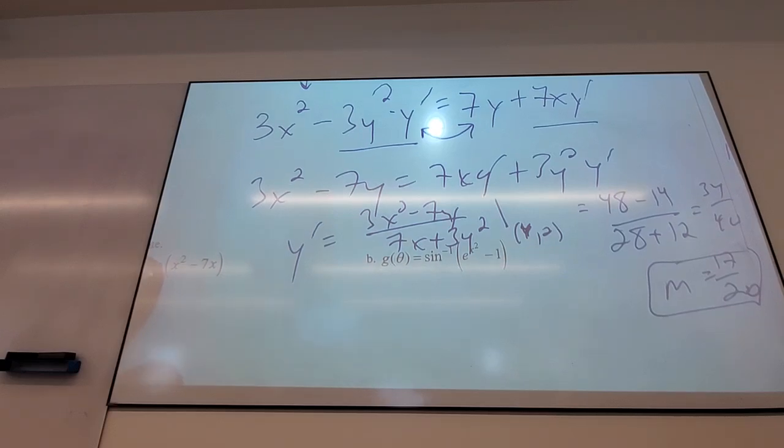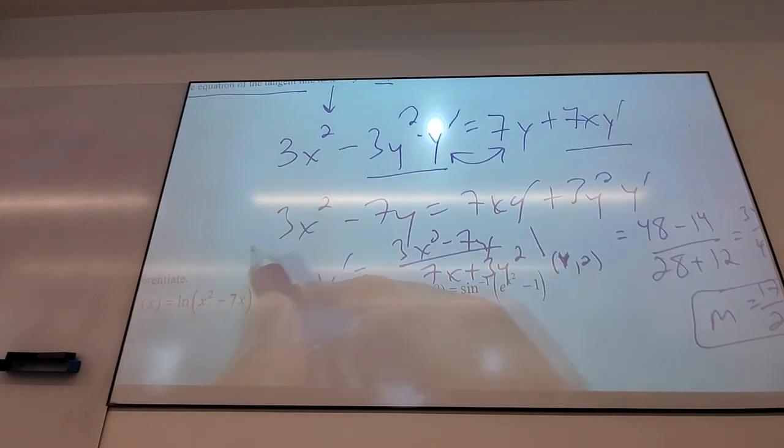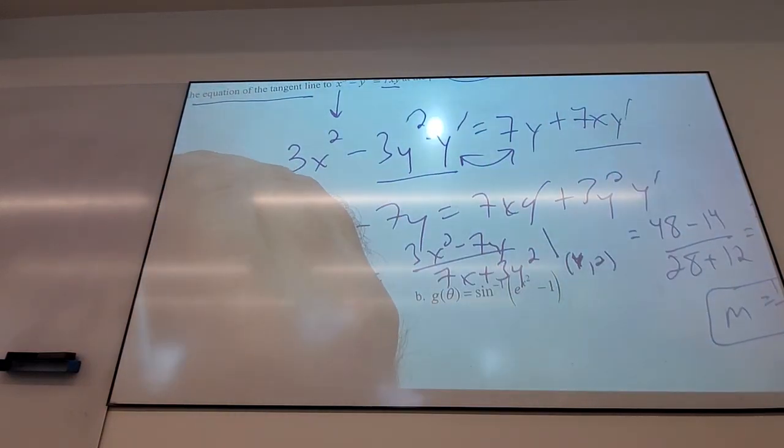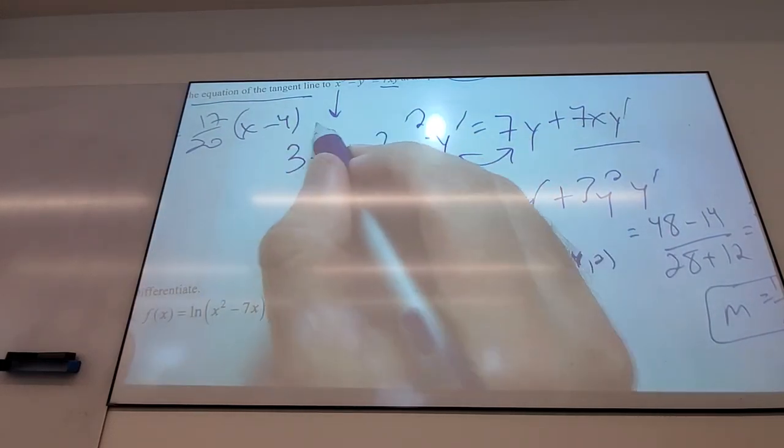If y prime was equal to 7y squared plus 3y over 2 minus y, I just need y, because that's all it needs. So I just look at the equation and ask, what do you need, equation? So now I know the slope, I know the point, and now you can do whatever you want to get the equation, right? You can do y minus y1 equals m times x minus x1.